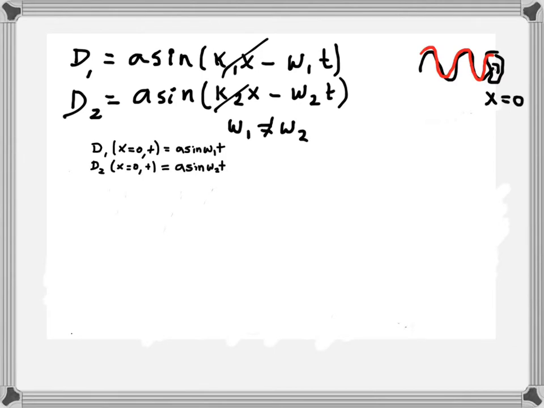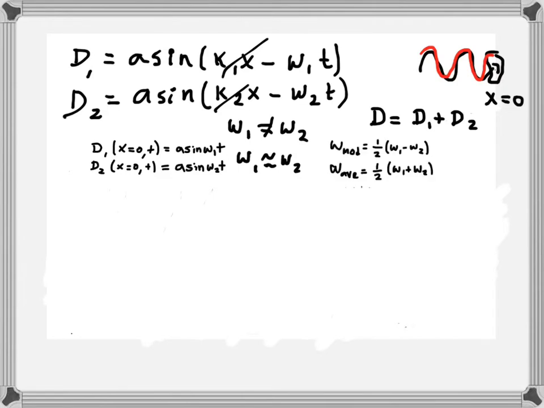What we're going to assume here is that omega1 is different from omega2, but they are similar. They are close, but not exactly the same. If that is the case, then the expression that we get for d1 plus d2 can be written in terms of these two frequencies here.